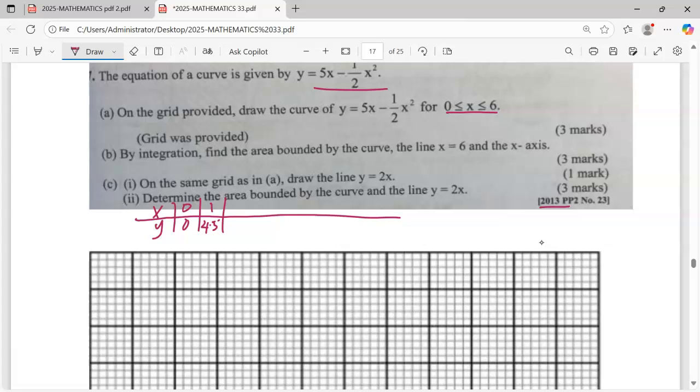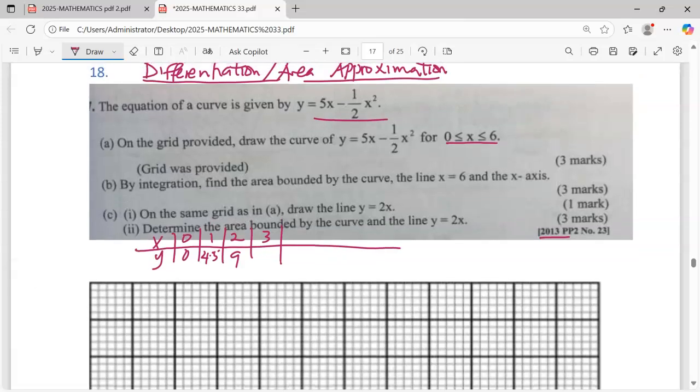When x is 2, the value of y is going to be 9. When x is 3, y is going to be 10.5. When x is 4, the value of y will be 12. When x is 5, the value of y will be 12.5. And finally, when x is 6, the value of y is going to be equal to 12.